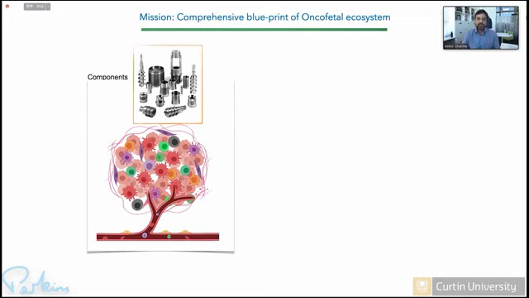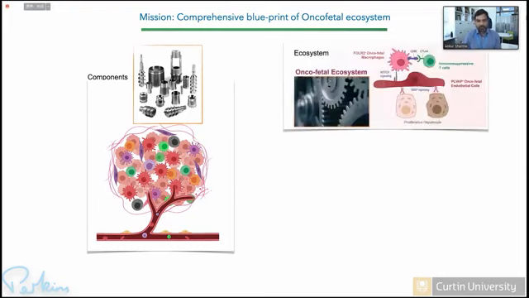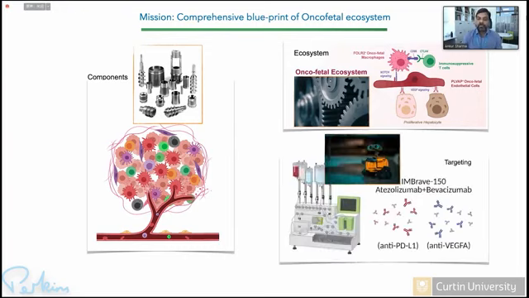And we are trying to understand different components of the oncofetal ecosystem. We are also trying to understand the cell-cell interaction and signaling pathways between them, and how it may lead to immunosuppression, which may have implications for cancer immunotherapy. And finally, whether we can use the oncofetal ecosystem as a biomarker for cancer immunotherapy.